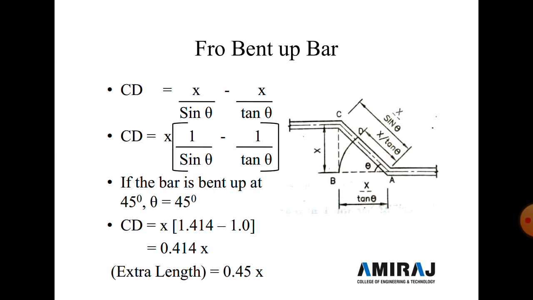If the bar is bent up at 45 degrees, we put theta equal to 45 degrees in the above equation, and we get CD equal to x times (1.414 minus 1), so the answer is 0.414x as the value of CD. Now the extra length, 0.45x, is included in the length of the bar for the calculation work.